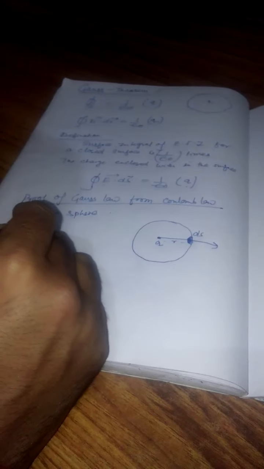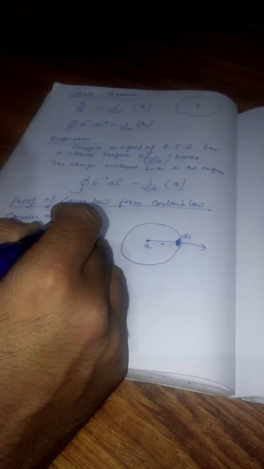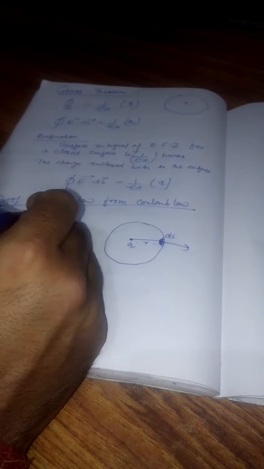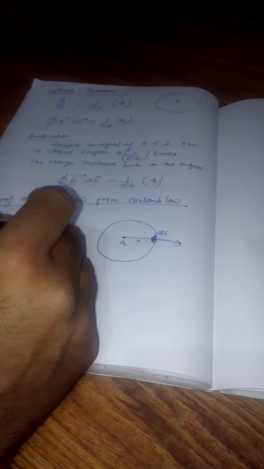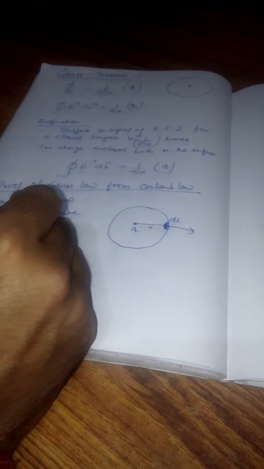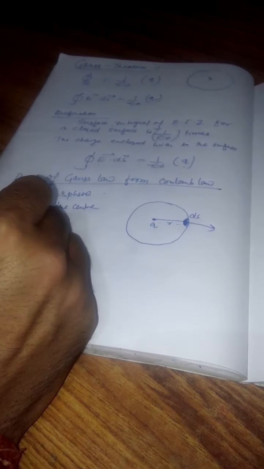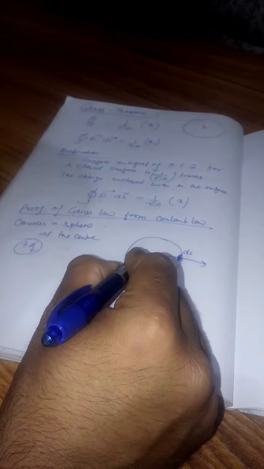We are considering a sphere, and at the center we are taking a plus q charge. The electric field due to a plus charge is always outward, and the area vector is also outward.